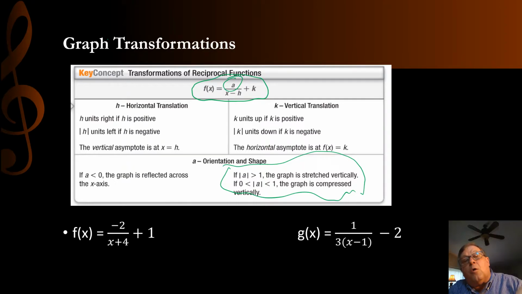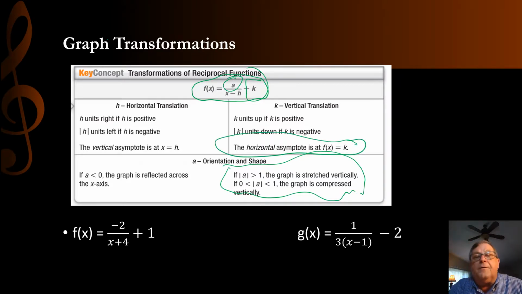Then, of course, we've got our vertical translation. That's the value of k. If k is positive, then it's a vertical shift up. If k is negative, it's going to move it down by that number, and it's going to change the horizontal asymptote. And we've seen that before.